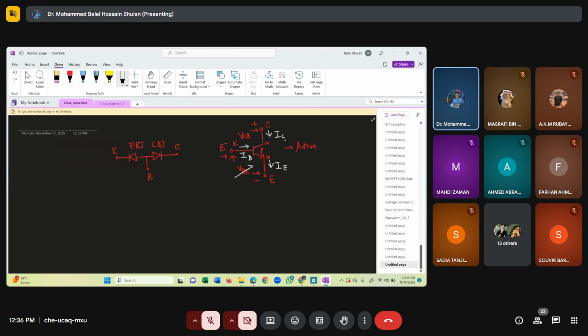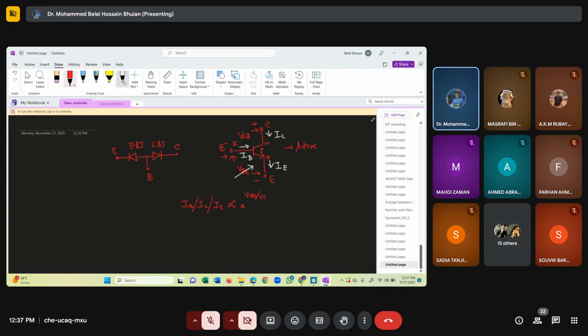And then we found out in that case, all the current components depend only on one thing, that is VBE. If you change VBE, we found that base current changes, collector current changes, emitter current changes. So we can write IB or IC or IE, all of them are proportional to e to the power VBE over VT.